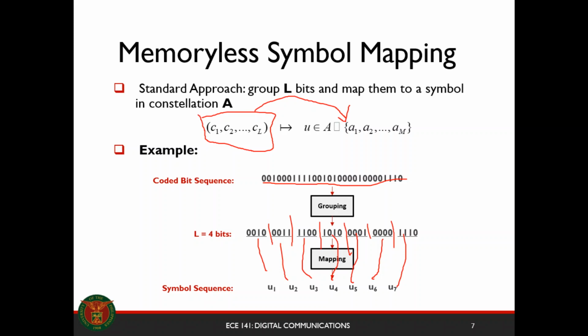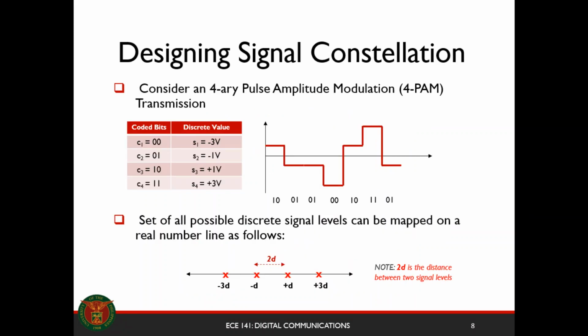So how do you design this constellation of symbols? Consider your 4-ary, quaternary pulse amplitude modulation transmission. This is actually just your PCM. This is how we code the bits. If we have 0, 0, then the signal value is at negative 3 volts. 0, 1 at negative 1 volt, 1, 0 at positive 1 volt, 1, 1 at positive 3 volts.